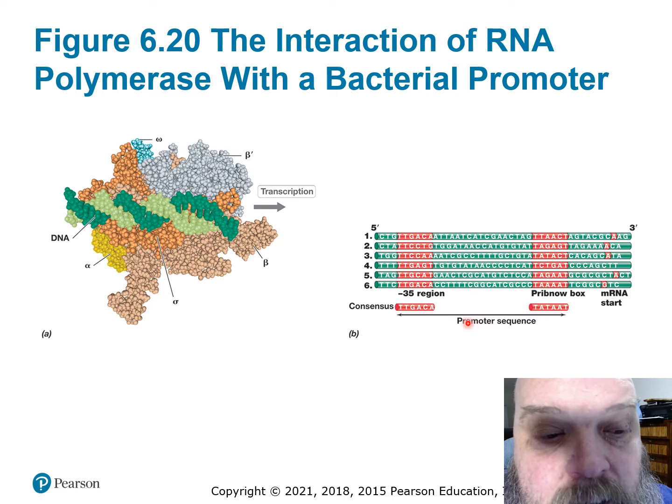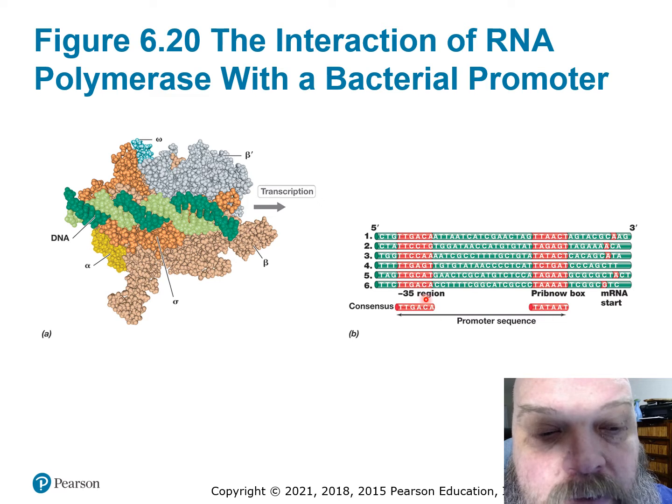Turns out that the promoter sequences that the RNA polymerase will interact with have quite a bit of conserved sequence. You'll have the start codon, the mRNA, where it needs to start. Upstream of it, you're going to have a TATA box, known as the Pribnow box.